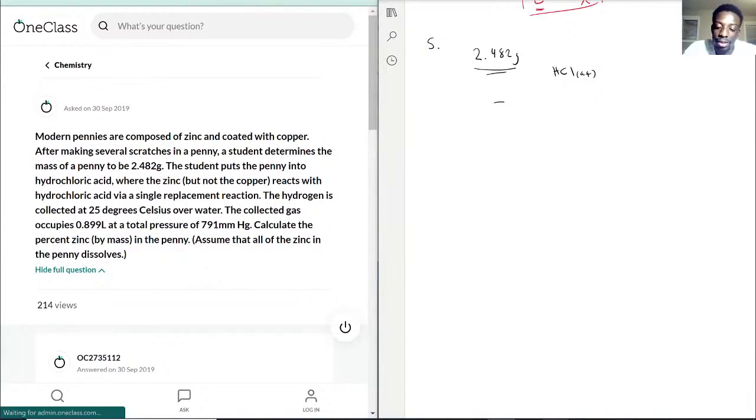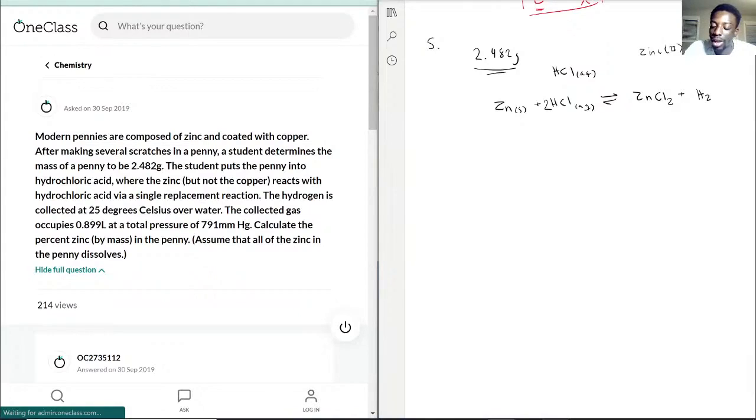So what we have is this formula: zinc solid plus HCl, and they said it's a single replacement, so that means we got ZnCl, and because it's zinc, actually it's going to be ZnCl2, because most of the forms of zinc is zinc 2, okay, and plus H2.